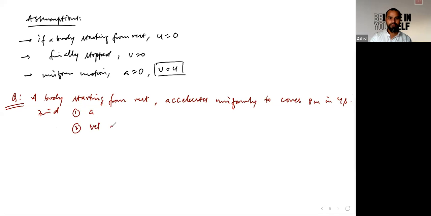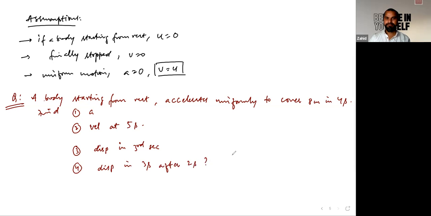Second, the velocity at 5 seconds. Third, the displacement in the third second. Fourth, the displacement in 3 seconds after 2 seconds. Just try to solve.